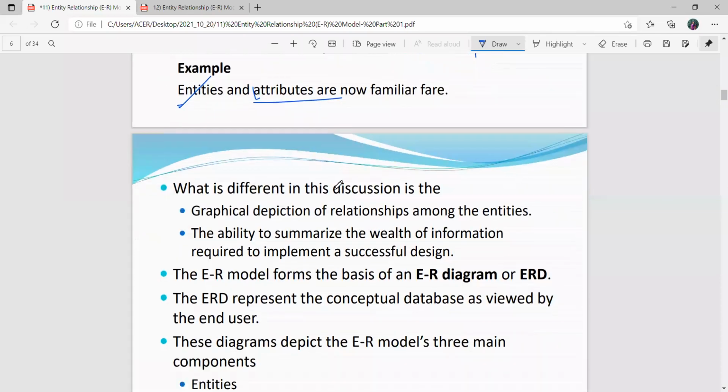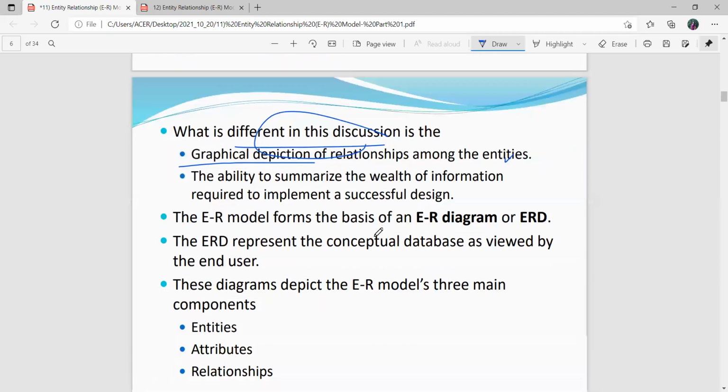The difference from the last session is that we are going to discuss the graphical depiction of the relationships among the entities, as well as the ability to summarize the wealth of information required to implement a successful design.